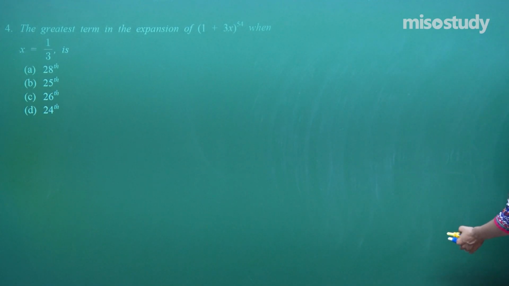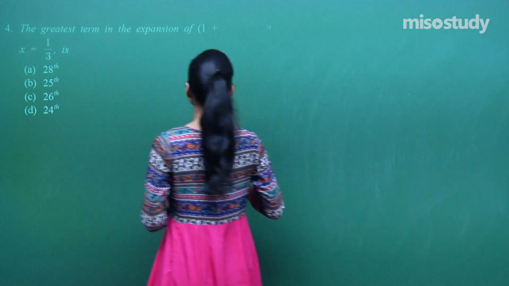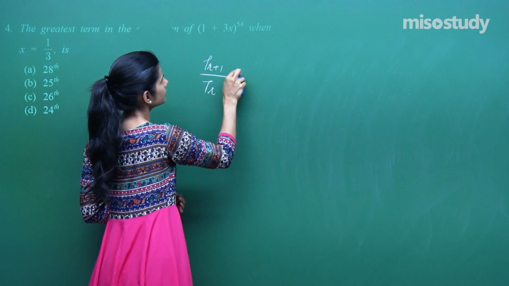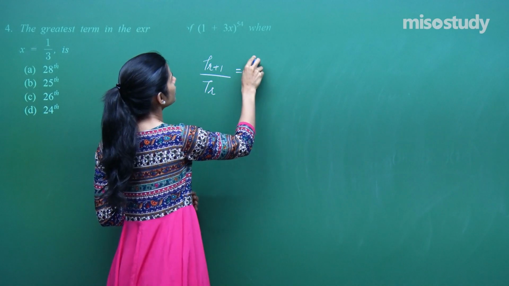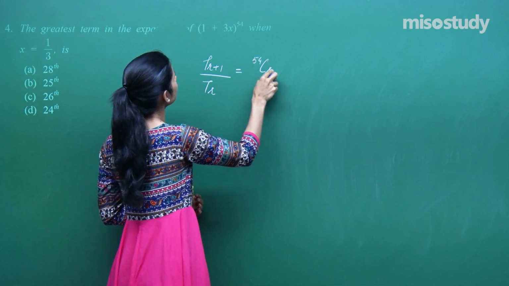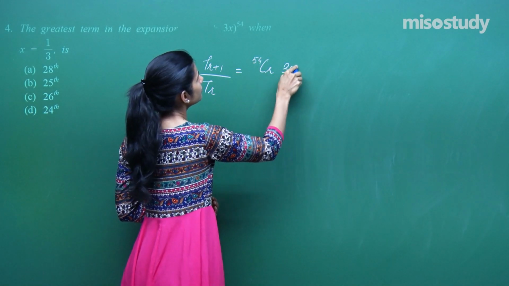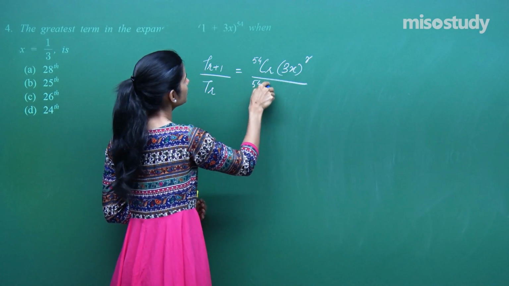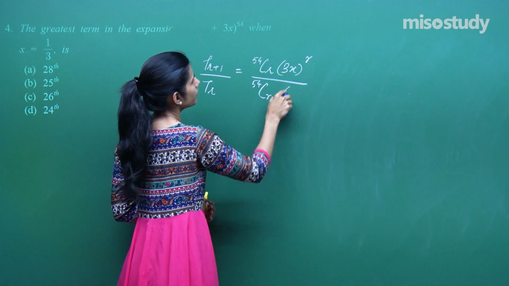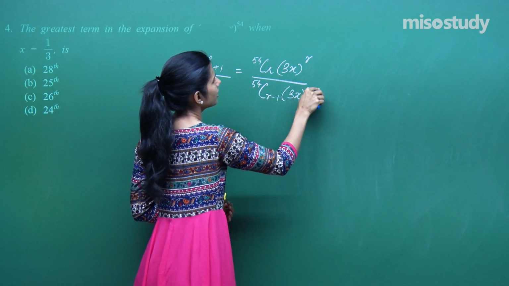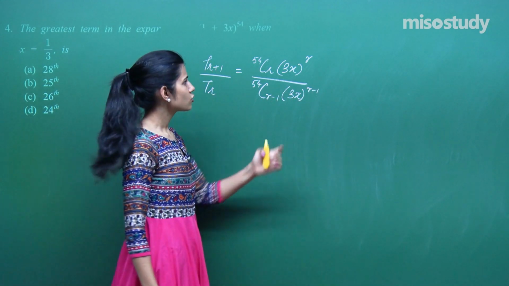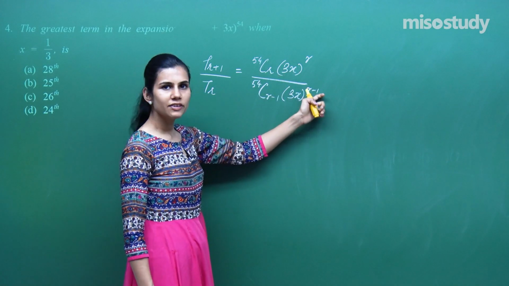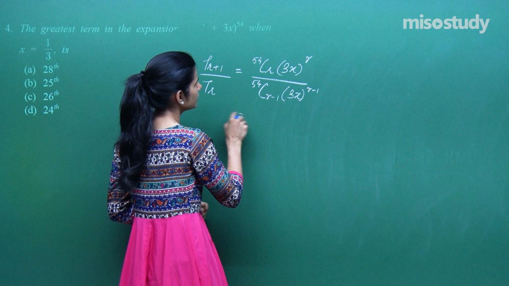ओके, व्हाट इज द बेसिक एल्गोरिथम कि आप कंसिडर करते हैं r प्लस 1th टर्म अपॉन rth टर्म. r प्लस 1th टर्म क्या हो जाएगा 54cr 3x to the power r and this is 54c r minus 1 3x to the power r minus 1. पर x तो मेरा 1/3 है, तो 3 into 1/3 1 हो गया, 1 की पावर r is 1 and similarly 1 की पावर r minus 1 is also 1.